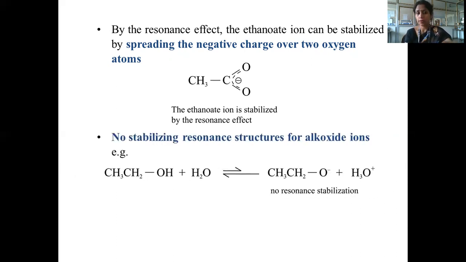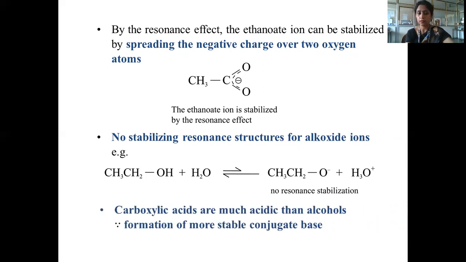There is no such stabilizing resonance structure for the alkoxide ion. If you compare it with alcohols, there is no such resonance stabilization. That is why alcohols are less stable. Carboxylic acids are much more acidic than alcohols because of the formation of the more stable conjugate base.